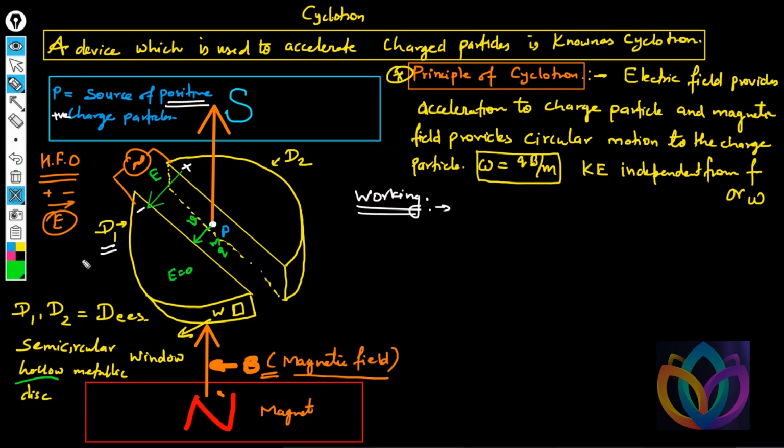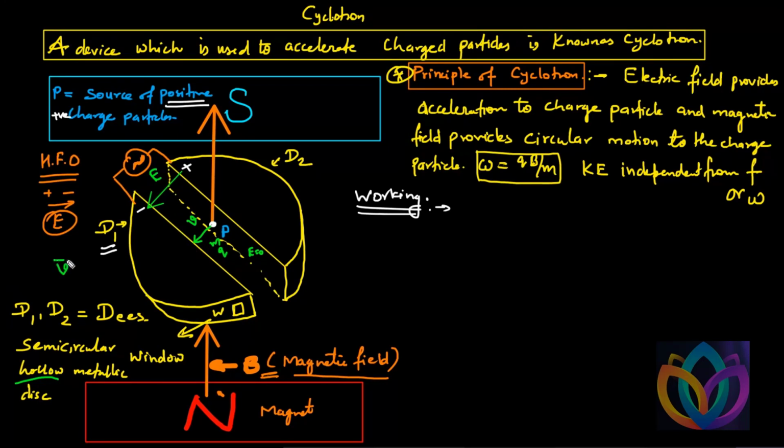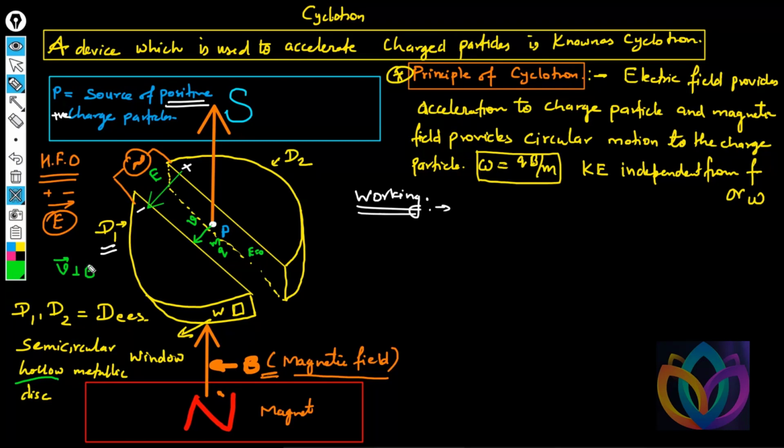Since the velocity is perpendicular to the north to south magnetic field, the motion of the charge particle will be circular.